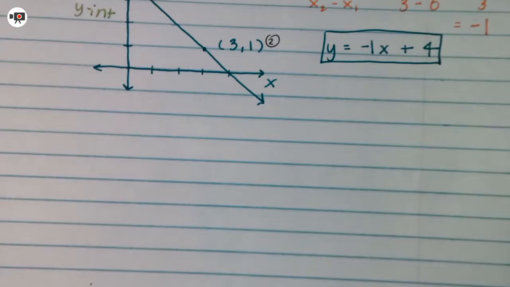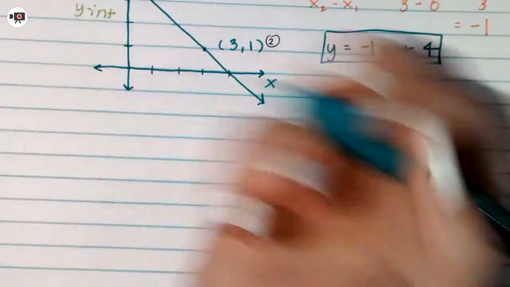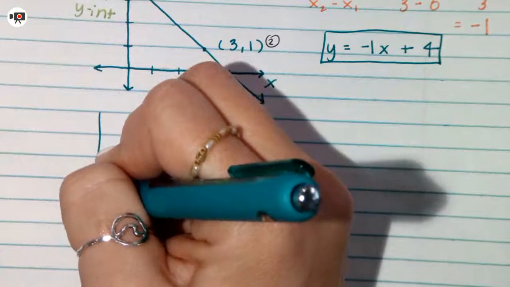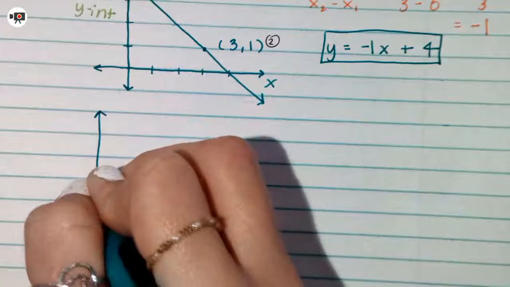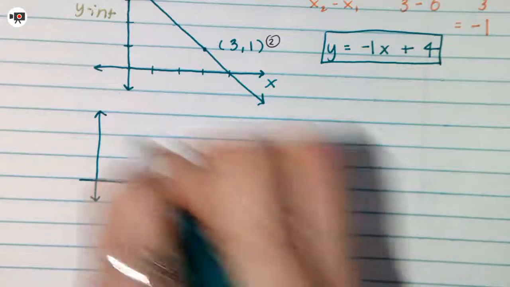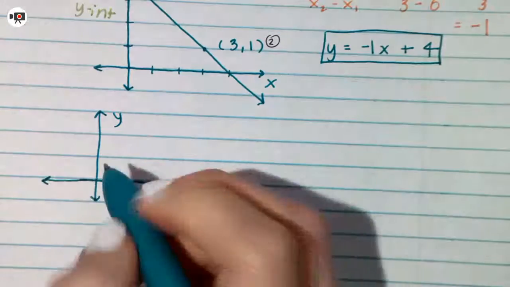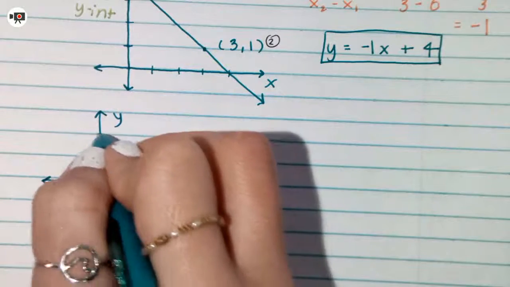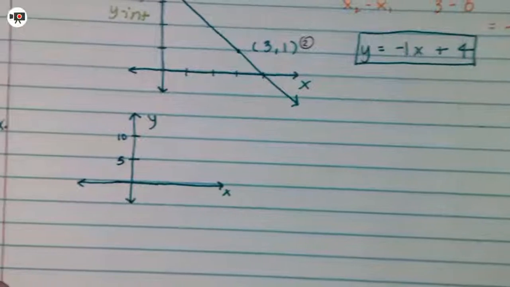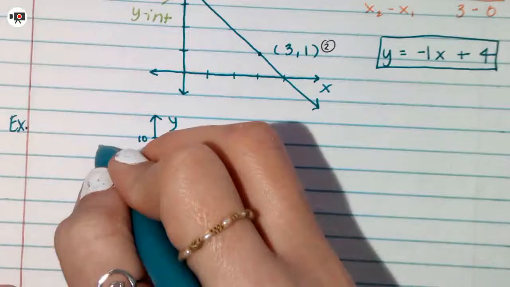Let's try another one. We are still going to write the equation in slope-intercept form, but this time my graph looks a little different. So I have a scale of 5 and 10 on my y, and my graph looks like this.